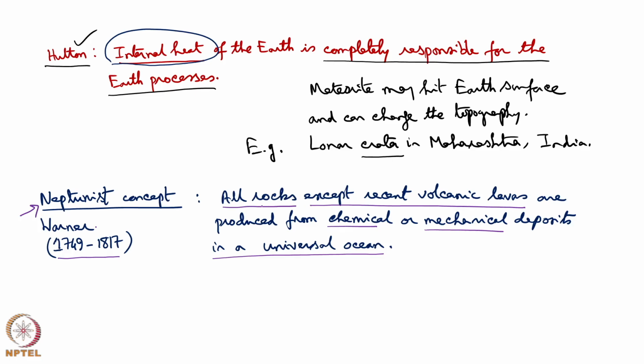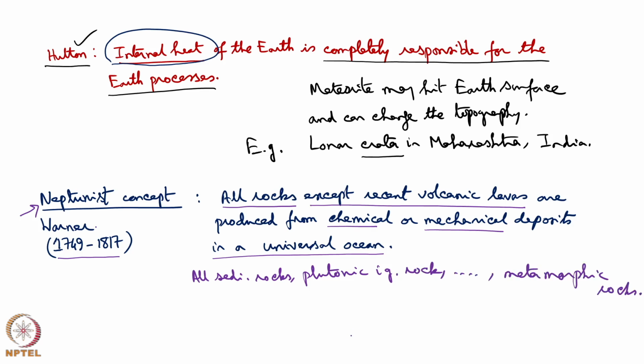Once we say all rocks except recent volcanic lavas, we mean all sedimentary rocks, and in igneous rocks we can take the plutonic igneous rocks and the hypabyssal igneous rocks, and the metamorphic rocks.